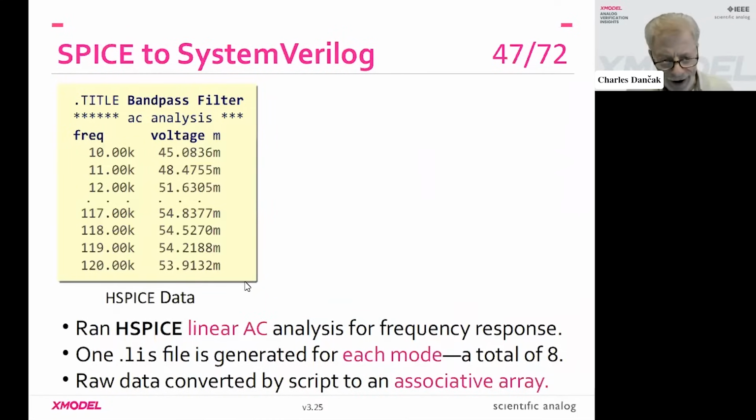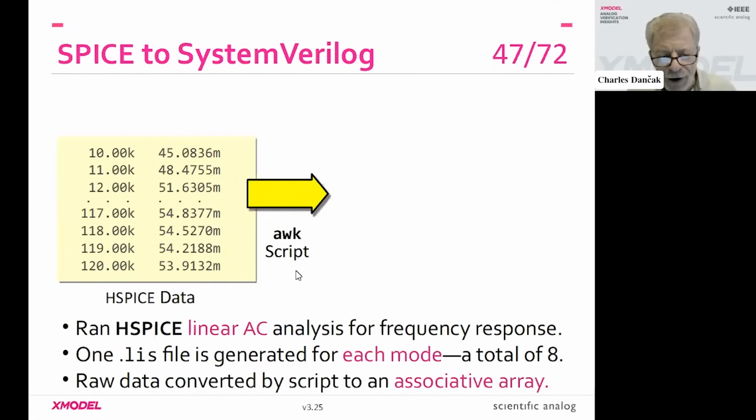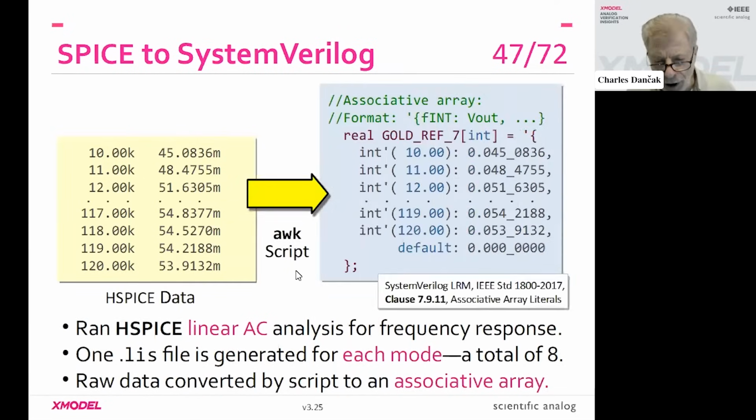Okay, another detail. How did we generate these 8 lookup tables using HSPICE? Well, for each mode, we ran a linear SPICE AC analysis, generated 100-odd data points, and then we cut and pasted just the numerical data, fed it into a simple awk script, and recast it into a syntactically correct SystemVerilog associative array.